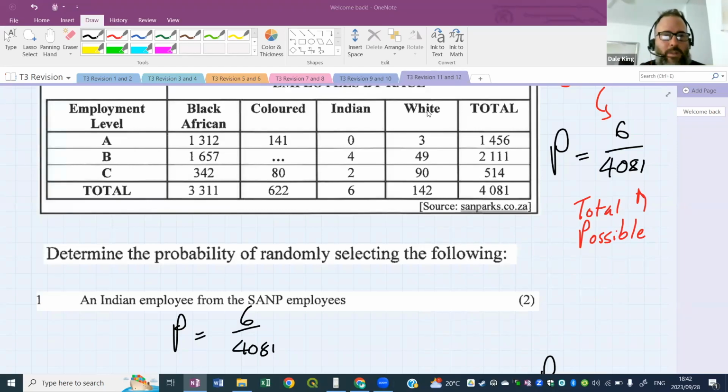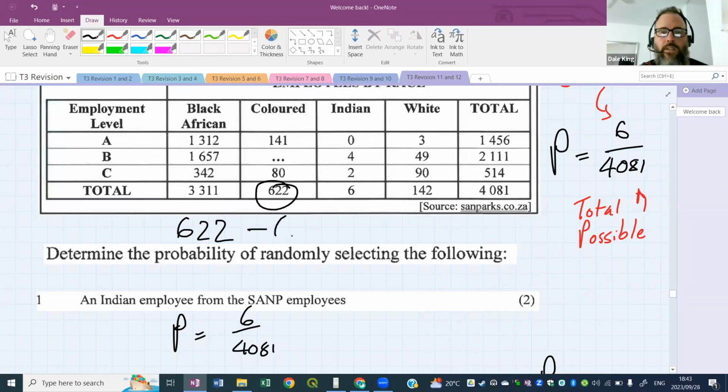Yes, Ben. All right. What do we do? We first have to find out B. Since the total is 622, we have to minus 141 and 80. Very good. So the total colored people in all the parks is 622. We need to find B, so we're going to minus A and C from this.